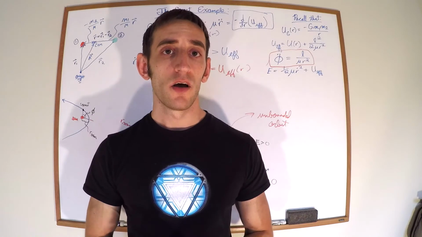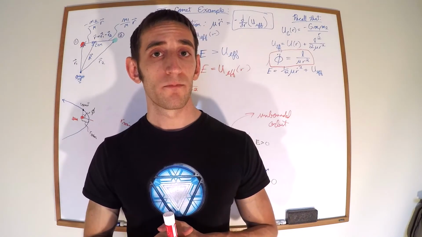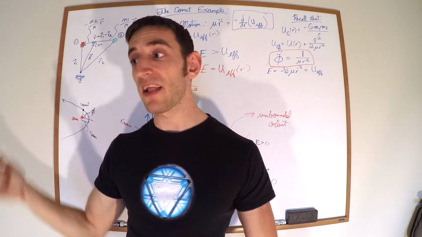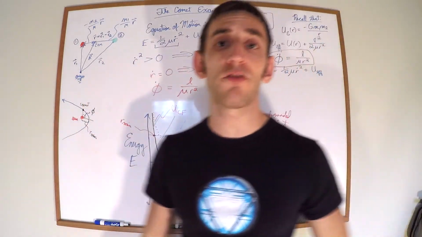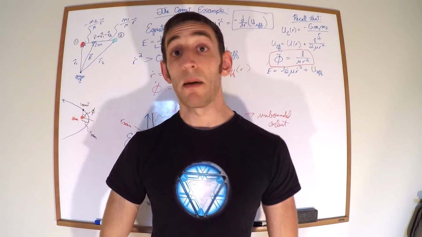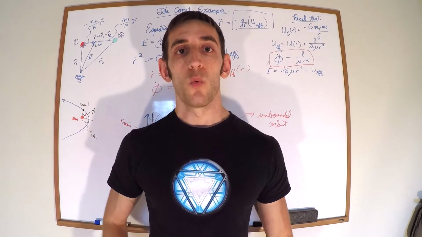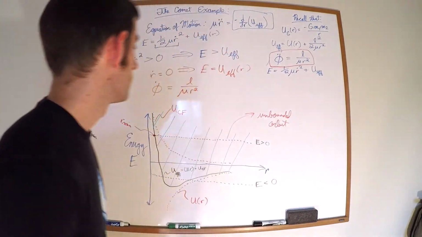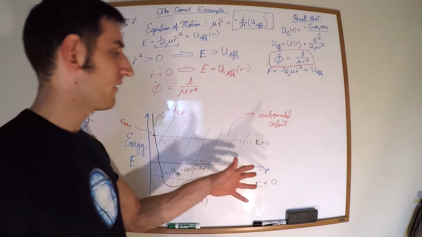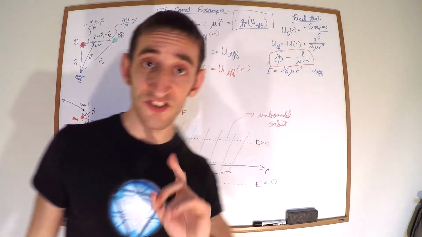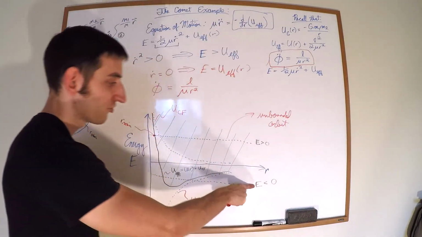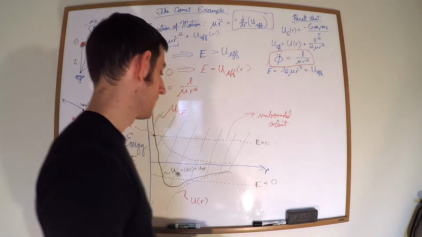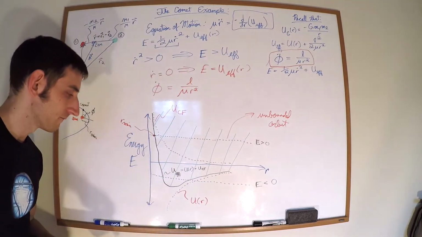But now, what we want to question is, can it be bounded? If the planets are going around the sun perpetually, maybe the comet would too. What does this framework convey without actually solving it? Well, if you take a look at the case in which the total energy E is less than 0 down here, we find something very interesting.